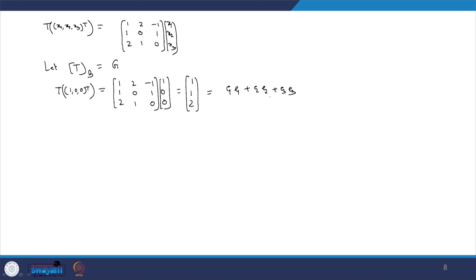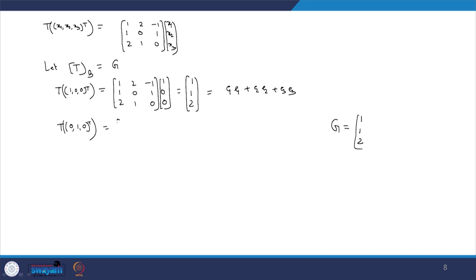If I consider, then we will see that C1 equal to 1, C2 is equal to 1, C3 is equal to 2. So, G, this is a 3 by 3 matrix I am getting here. The first column will be 1 1 2. Similarly, for 0 1 0 transpose, this will give me the second column, you can check it.